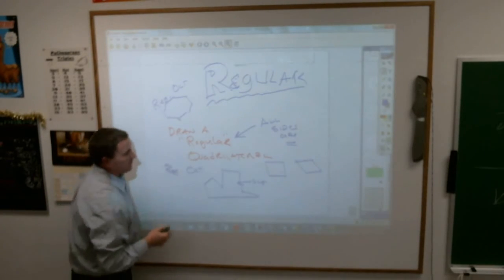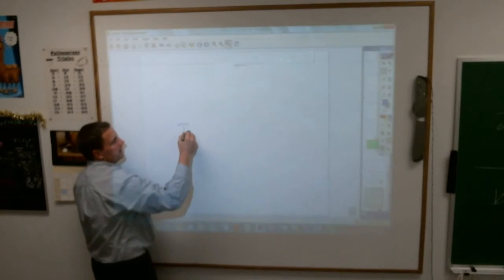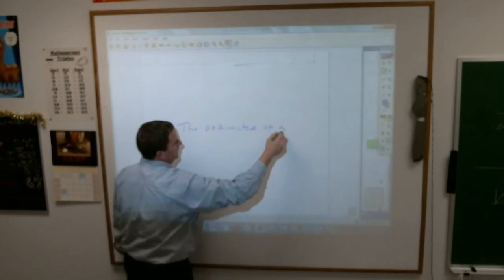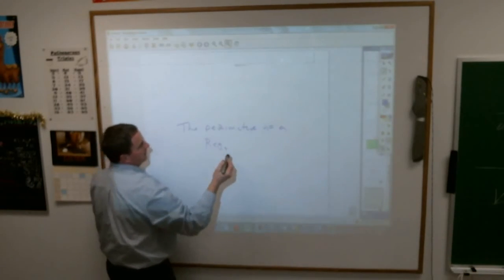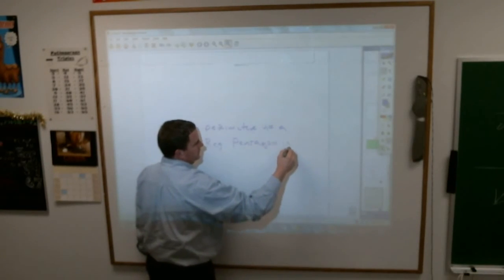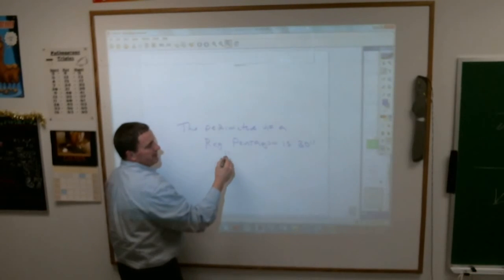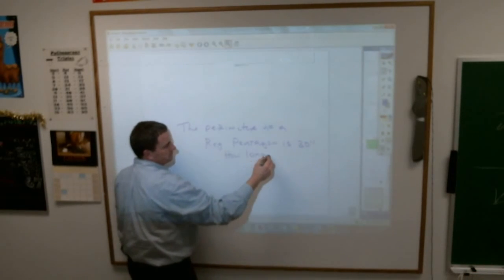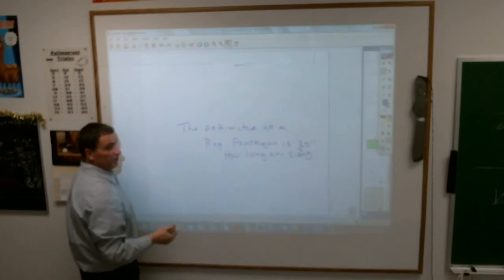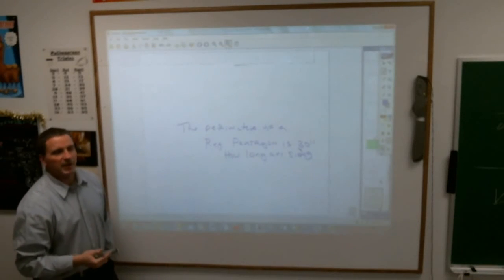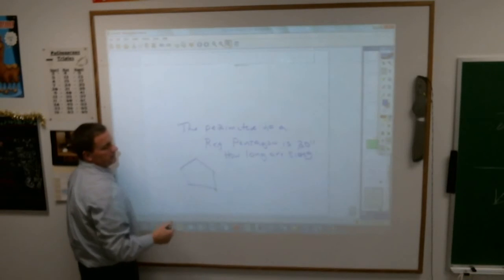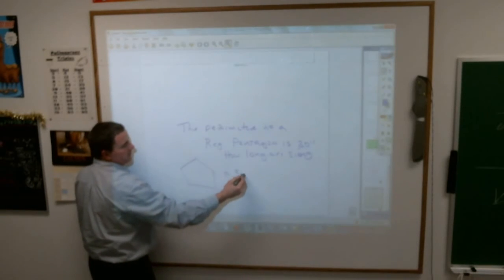And that's an important thing because they will tell you this. They will say the perimeter of a regular pentagon is 30 inches. How long are the sides? Since you know that it's regular, when you add all the sides up, you get 30 inches.